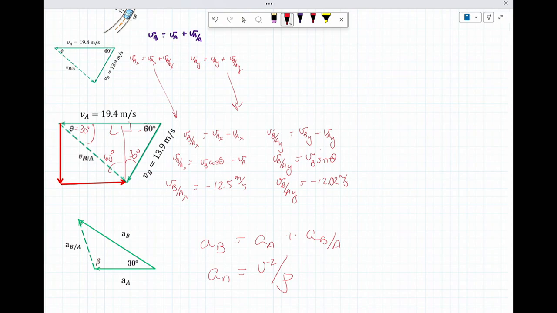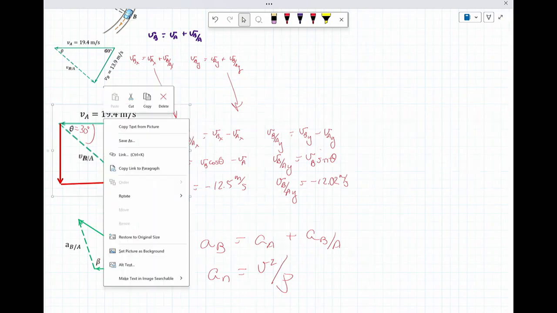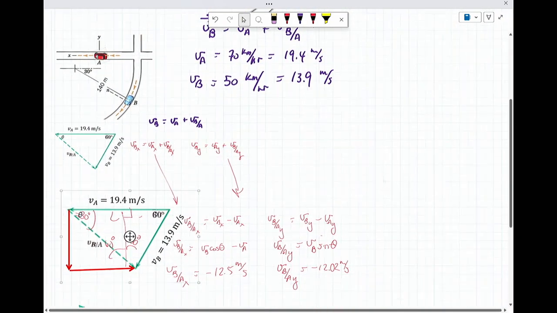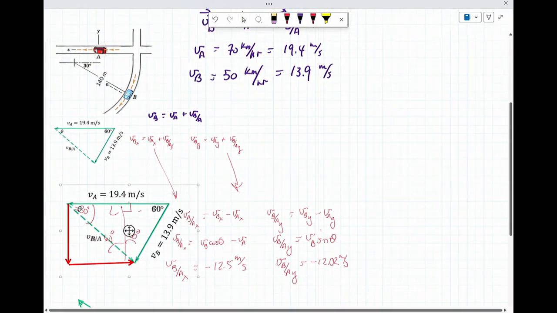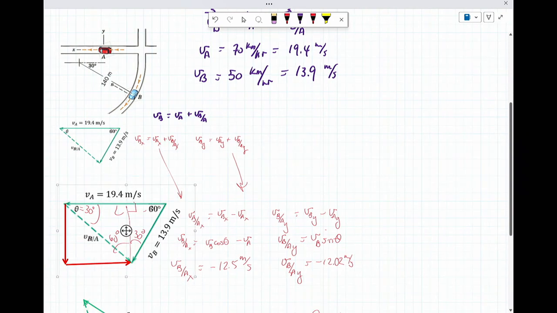Now, for the acceleration of car B, you're told it's at a constant velocity. Car B is traveling with a velocity of 50 kilometers an hour at a constant rate, but it is traveling along a curved path, and that curved path has a radius of 140 meters.